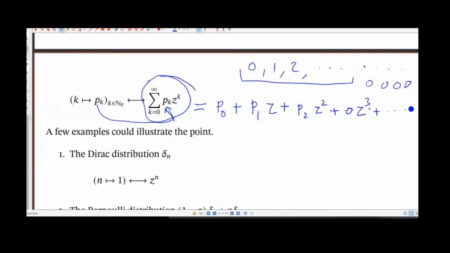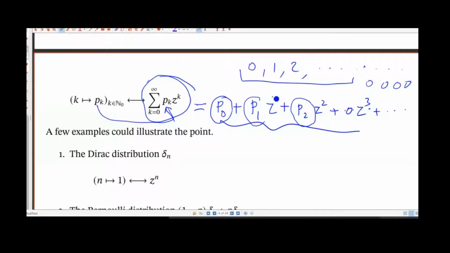So now, can you see that this is a different function, but this basically contains the same information? Why? All the probabilities are included in the coefficients. So you have not lost the probabilities, and all the values, where do the values appear?